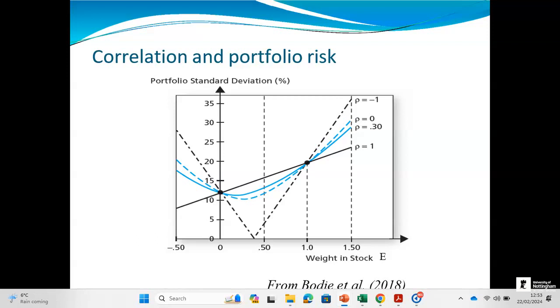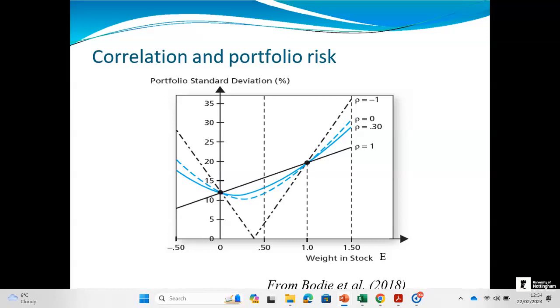Okay, so when the correlation is 1, what do we see? There is a straight line, right? You would go from the first dot on the vertical axis to this point where you have everything in stock E. So there is a straight line. There is no risk reduction in this case, right? So this is an example where you have perfect correlation, correlation equals 1. So there is a straight line.